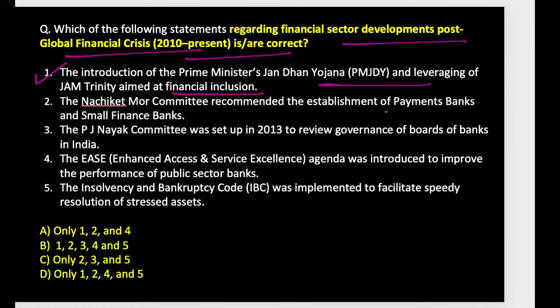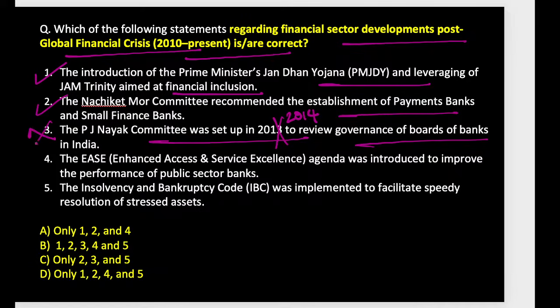The Nachiket Mor Committee recommended payment banks, true. The PJ Nayak Committee was set up in 2000, no, it was 2014, to review the governance of boards of banks in India. So this is wrong.